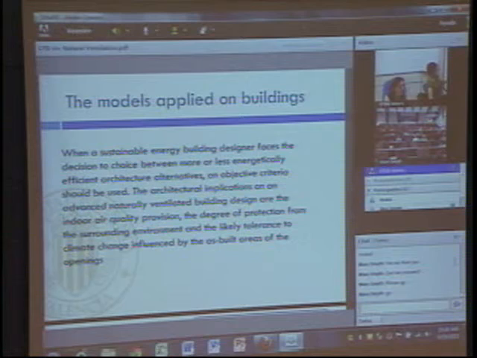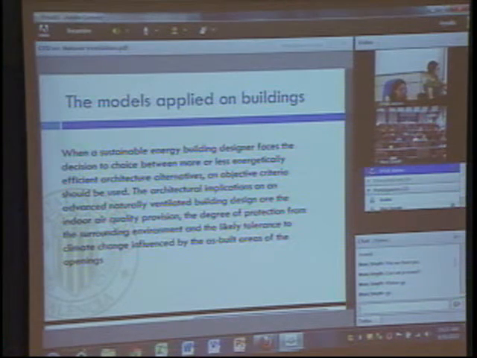The models can be applied in a preliminary part of design. They can help us to take some decisions when we need objective criteria for deciding the possible position of windows or opening parts in the facades.